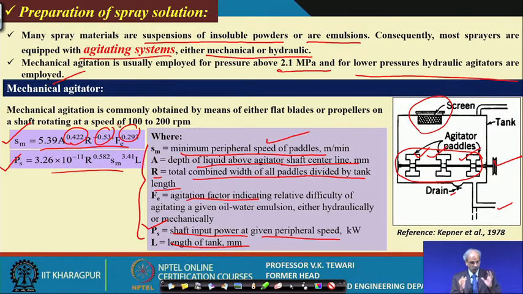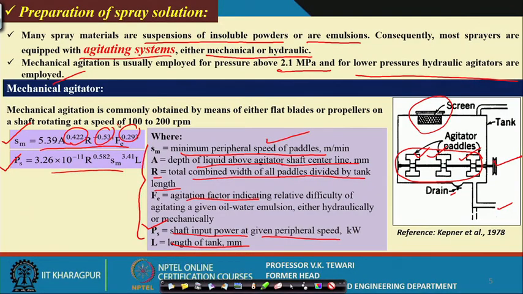So, when you are talking of the spray solution volume to be created, particularly for larger units, it has to be stirred or agitated throughout the course of the application. Depending upon the pressure, if the pressure is very high, above a certain level, we go for mechanical, and for slightly lower pressures, maybe you can go for hydraulic.